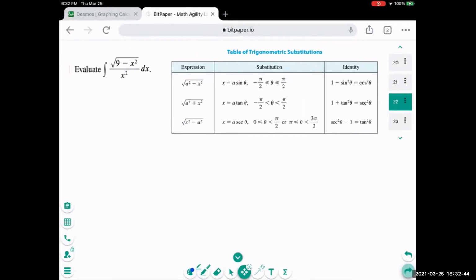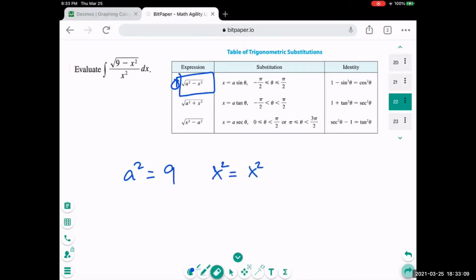So evaluate this integral. So makita natin, yung expression na may radical sign would be your 9 minus x squared. So we can easily identify that we will use the first expression, right? This one. Kasi yung a squared ay yung ating 9, right? And of course, yung x squared, yung ating x squared, right?